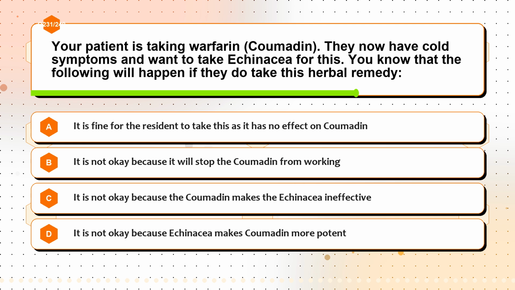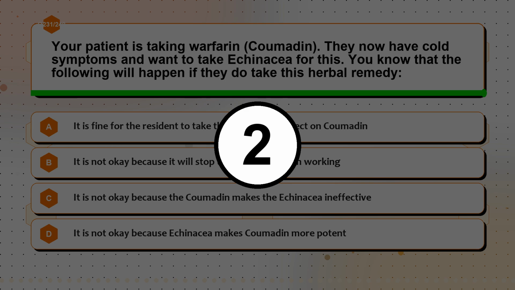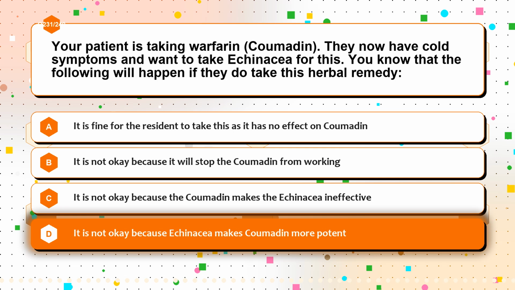Option C, it is not okay because the Coumadin makes the echinacea ineffective. Option D, it is not okay because echinacea makes Coumadin more potent. The correct answer is option D. It is not okay because echinacea makes Coumadin more potent.